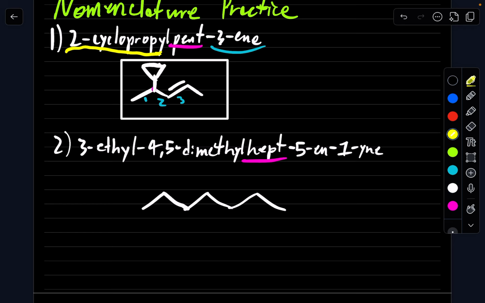There's actually multiple. 3-ethyl right here on carbon number 3, which is this one. Let me just label these first. And then there are 2 methyl groups, one on 4 and one on 5. So that's going to look like this.